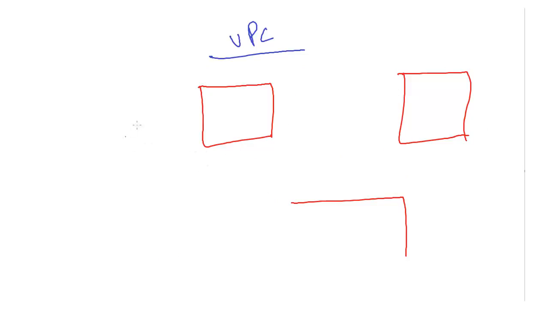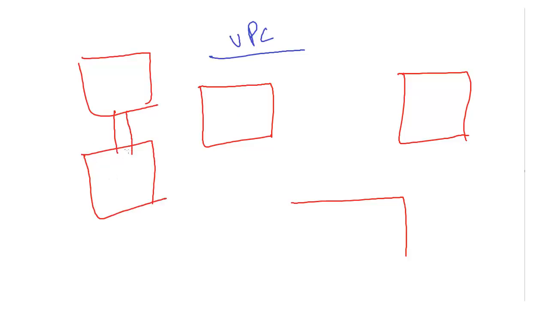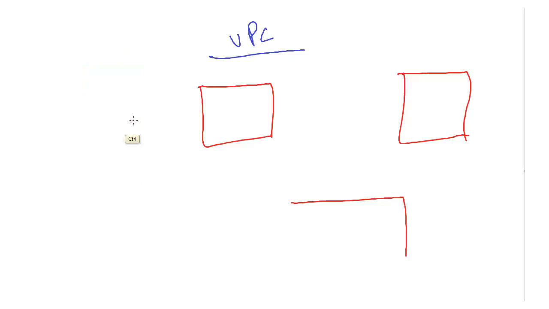Logically, if you have this thing, this will be the logical way from this switch, even though these are two different switches. So that's what vPC is in layman terms.